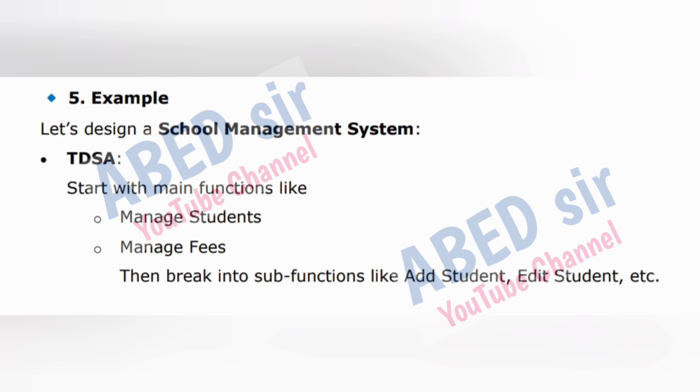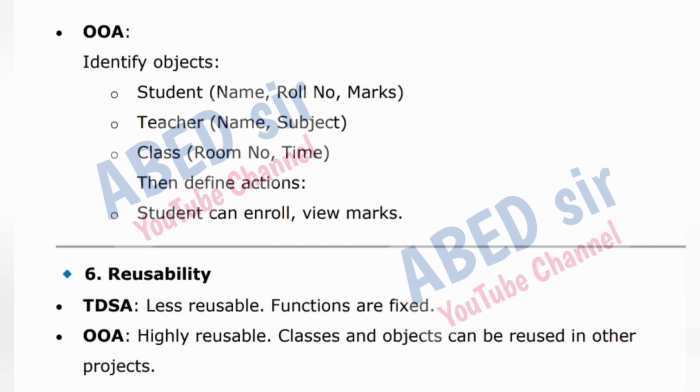Then break into subfunctions like add student, edit student, etc. OOA: identify objects. Student: name, roll no, marks. Teacher: name, subject. Class: room no, time. Then define actions. Student can enroll, view marks.